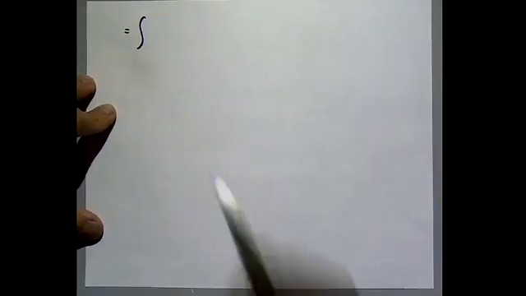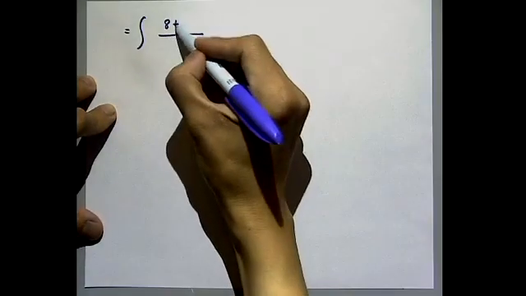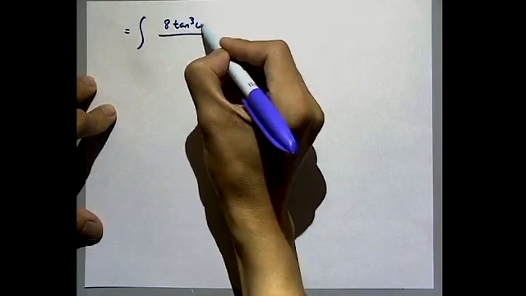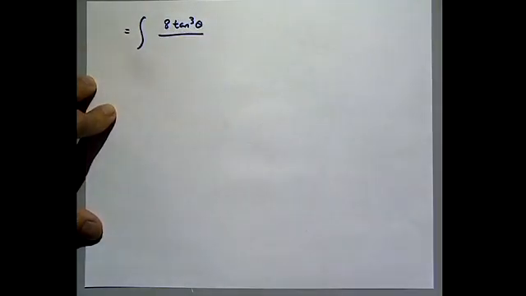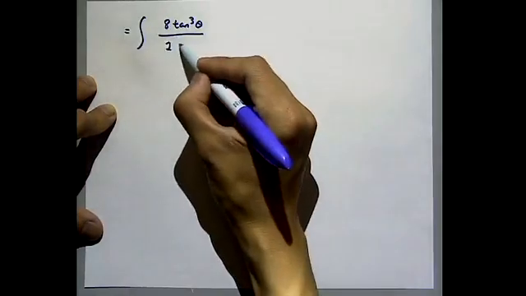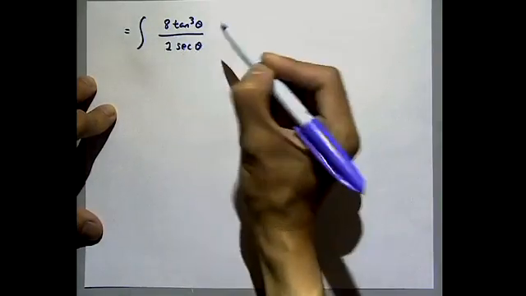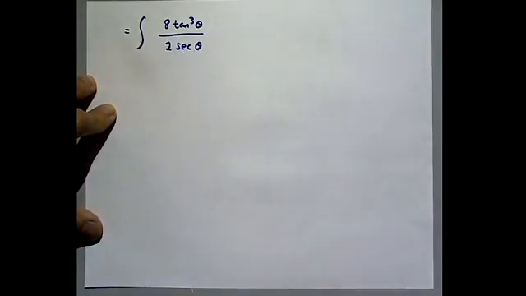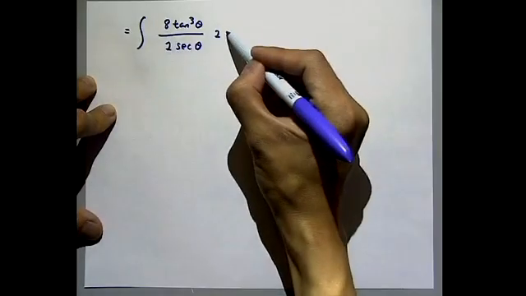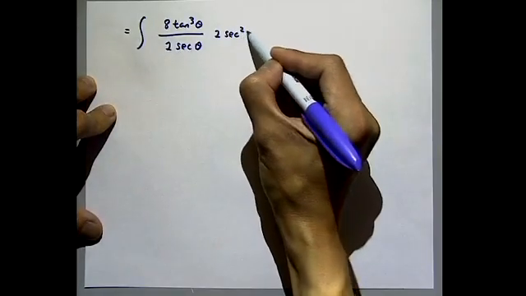Let's see, our new integral turns into x cubed on the top, so that's 8 times the cube of tangent theta. Downstairs is 2 secant, and dx is 2 secant squared d theta.